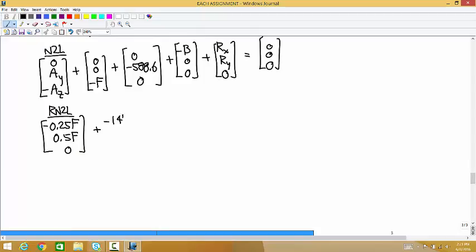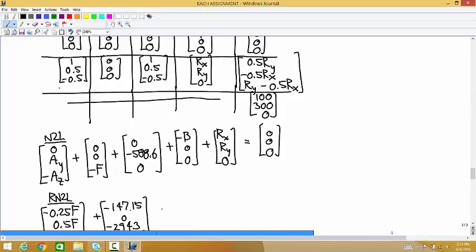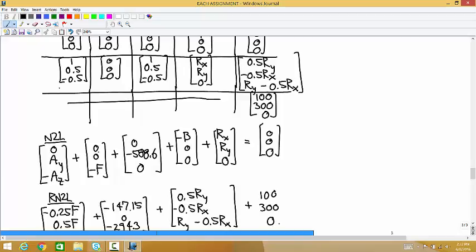Negative 147.15, 0, negative 294.3. 0.5 Ry, negative 0.5 Rx, Ry minus 0.5 Rx, plus 100, 300, 0 is equal to zeros.